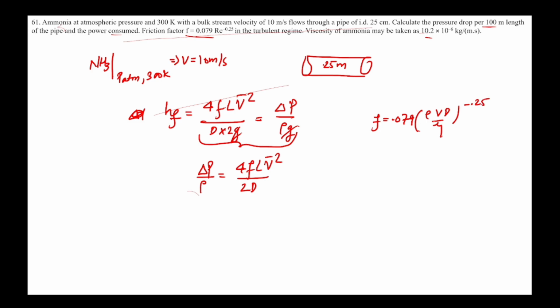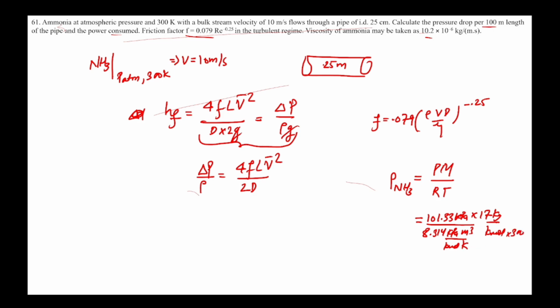We don't have the density of ammonia, so we will calculate it. Density of NH3 is equal to Pm upon RT. This is the formula to find the density of a gas: 101.33 kilopascal, 17 kg per kilomole, divided by 8.314 kilopascal meter cube per kilomole Kelvin into 300 Kelvin.